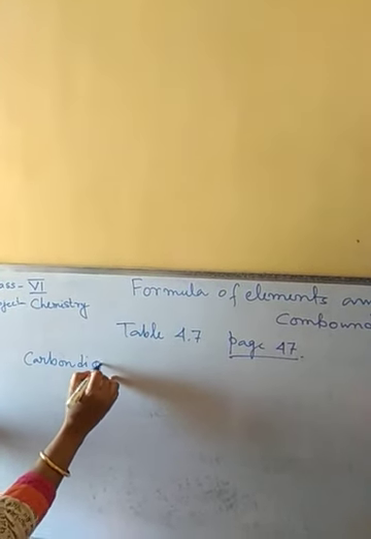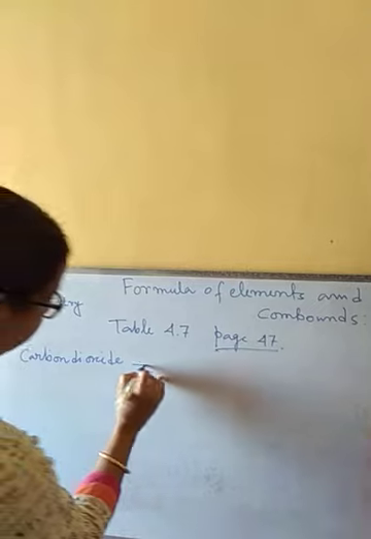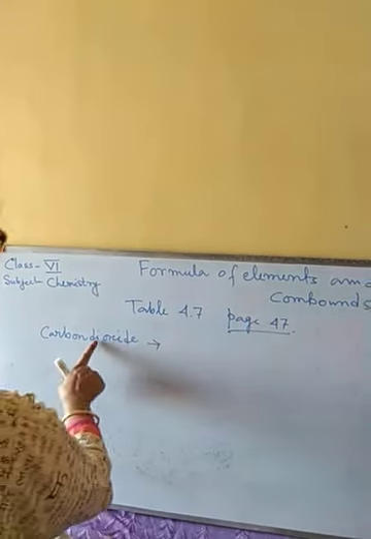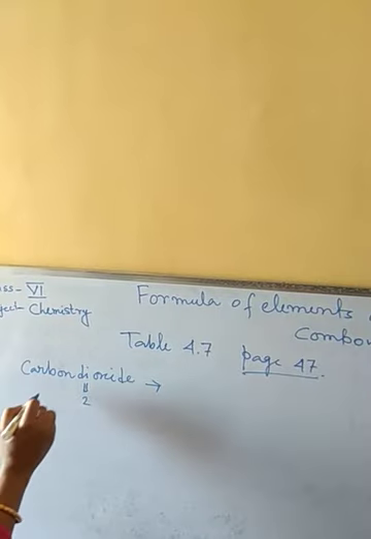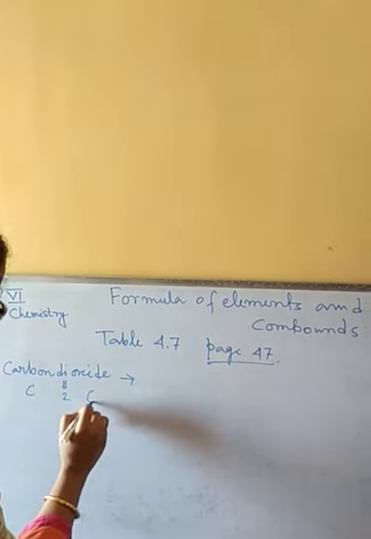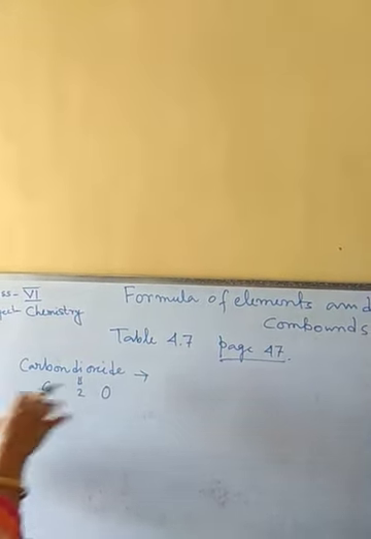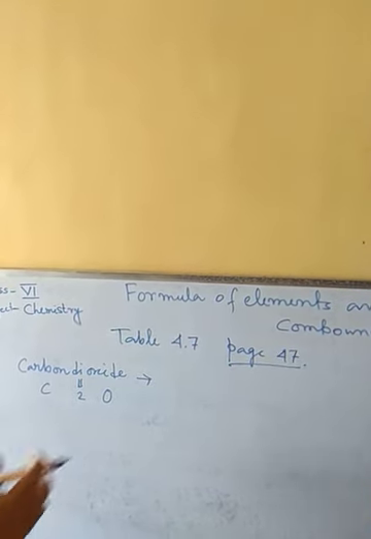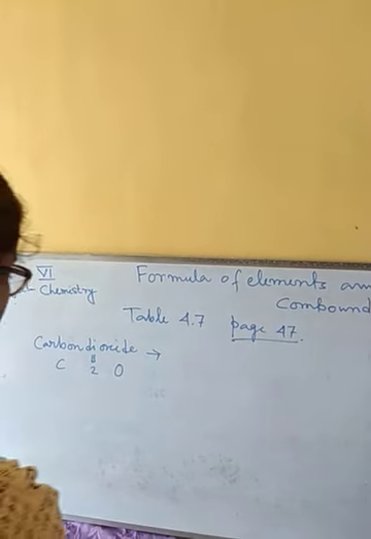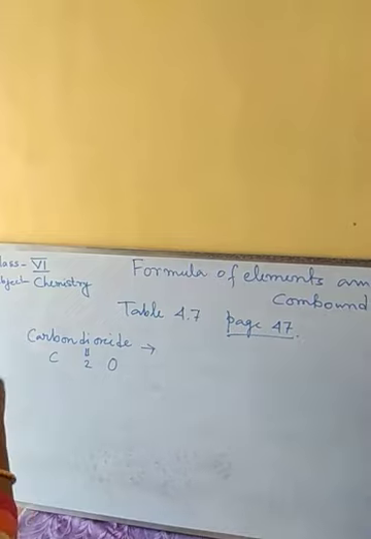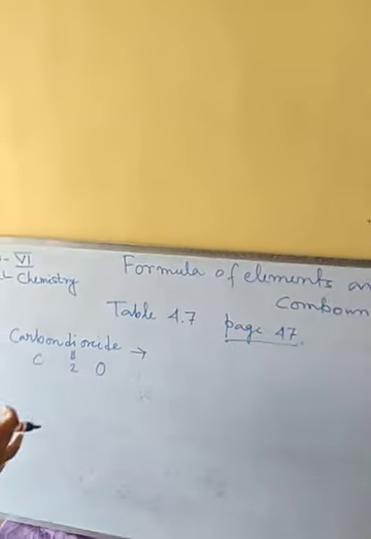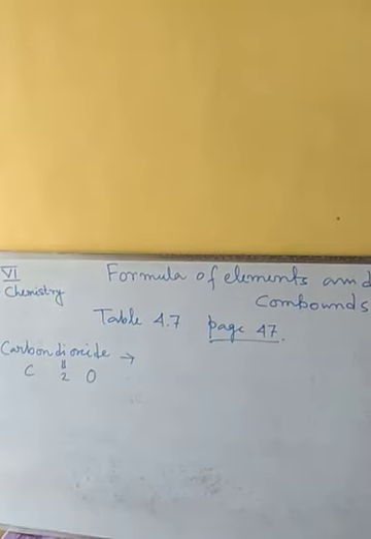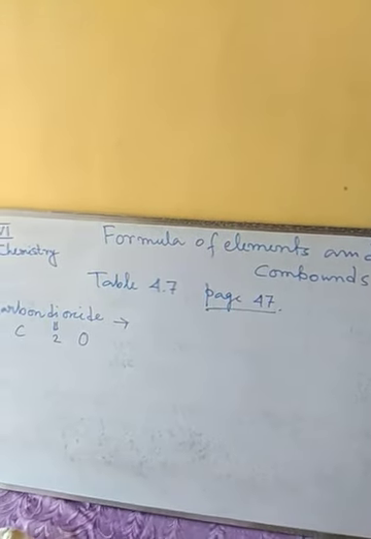Di means 2. Carbon means C, and oxide means the radical of oxygen. When oxygen is combined with some other substance, we will call it oxide, not oxygen. Oxygen is the element, but when oxygen is forming a compound, it will be called oxide.